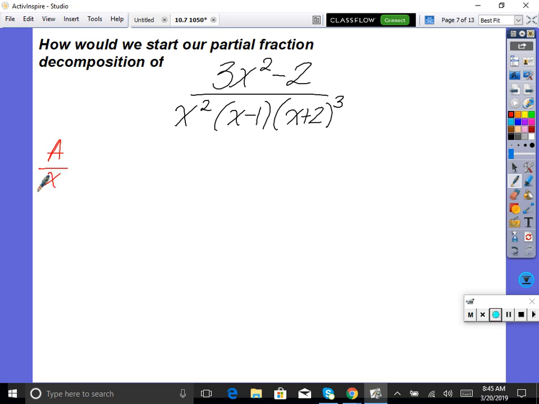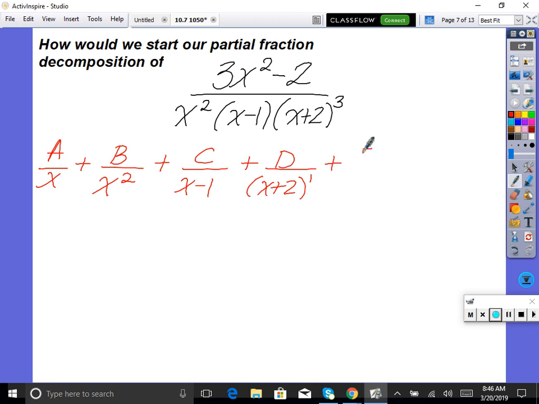A over x plus b over... Does everybody see why they did that? Have multiplicity of 2. Okay, good. Plus c over x minus 1 plus d. Okay, good.